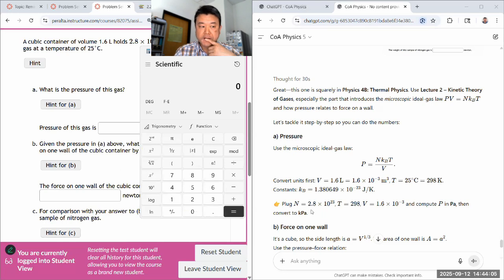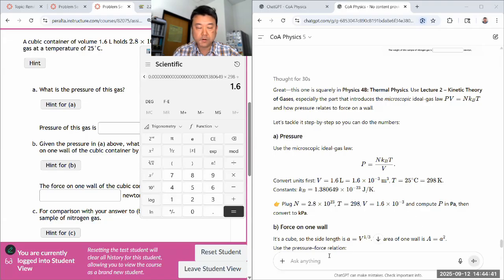So let's do part A, and I'm going to make a mistake of forgetting to convert to kilopascals. Let me first type it in. So n is equal to, I'll just use these numbers, 2.8 times 10 to the power of 23 times kB, 1.380649 times 10 to the power of minus 23, times temperature 298 kelvin divided by the volume 1.6.